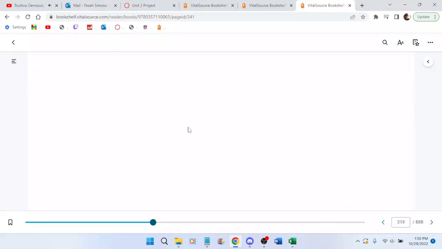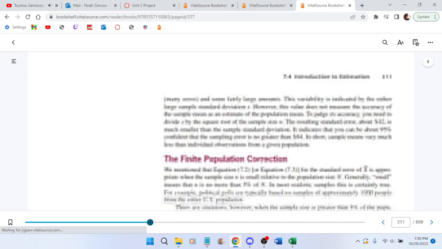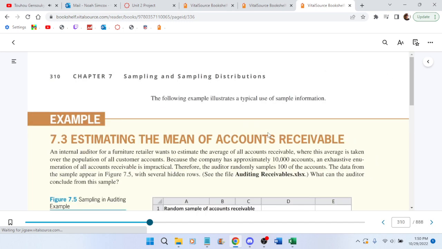Man, this is taking 5 years. Oh, found it. Number 7, generate 1 sample. Now generate another sample. So they seriously want you to generate 10 samples. Are you kidding me? 10.